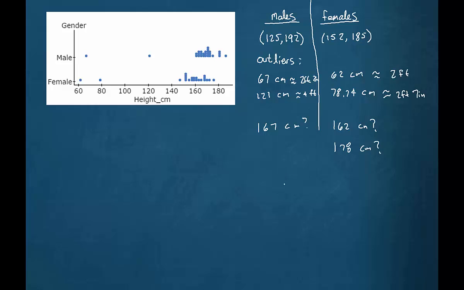Now what do we do with these? Well, before we just go and correct them, we would, if at all possible, want to verify the values. So if we have access to the sample that was used to generate the data values, then we would just go back and check. Did we mean for this to be 162 and 178 and 167?